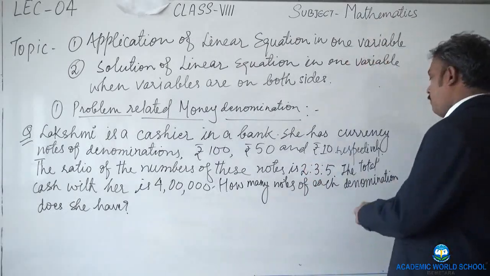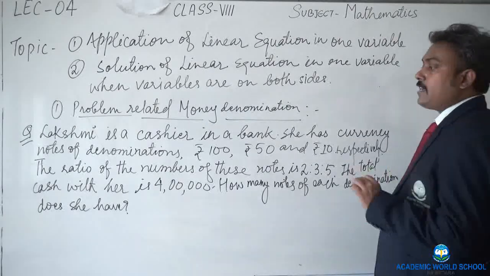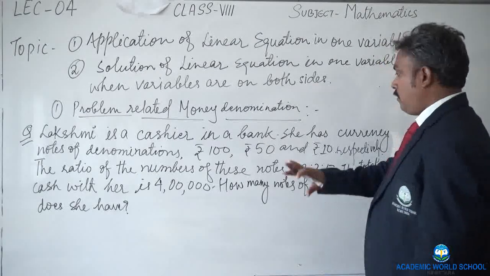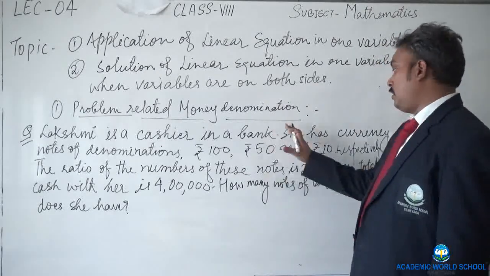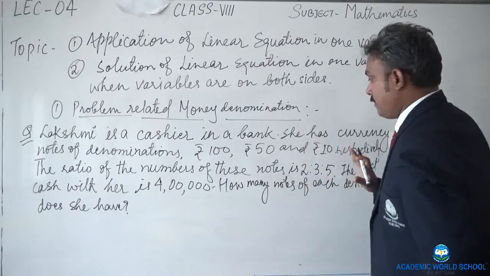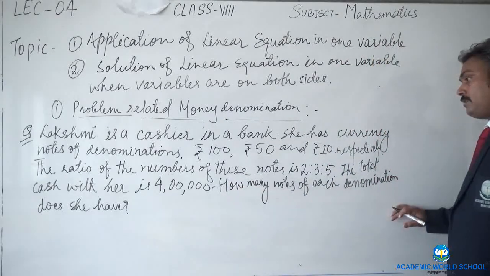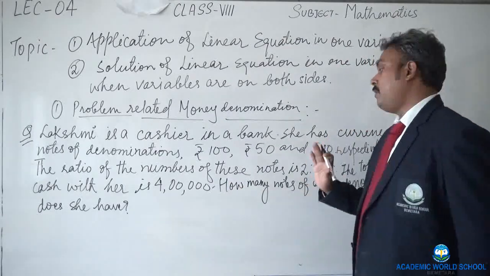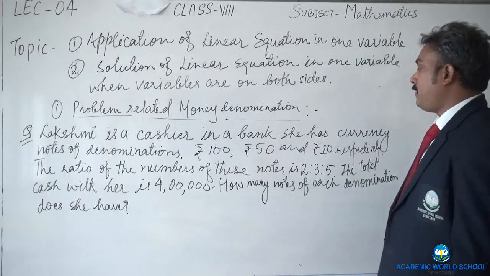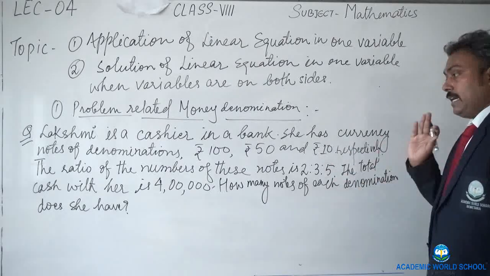Then it says the total cash with her is 4 lakh rupees. Means the total value of the notes, if we count, will be 4 lakhs. So the question says, how many notes of each denomination does she have? Means how many notes of rupees 100, how many of rupees 50, and how many notes of rupees 10 she has.